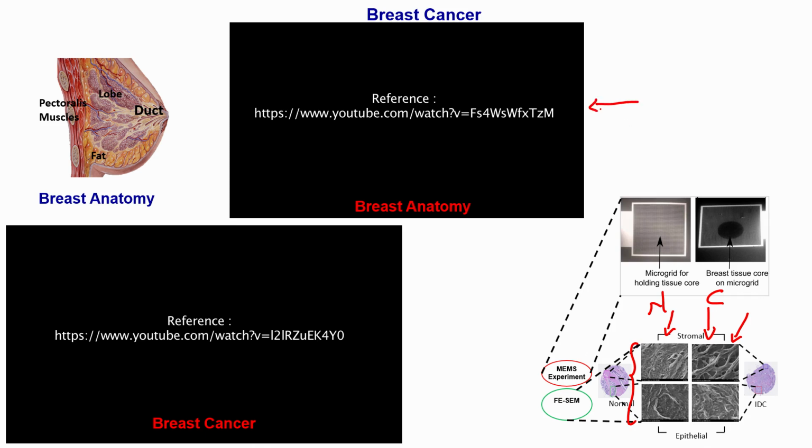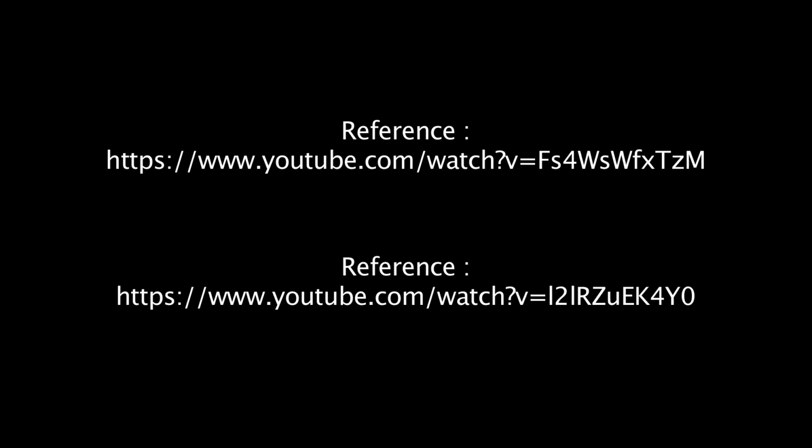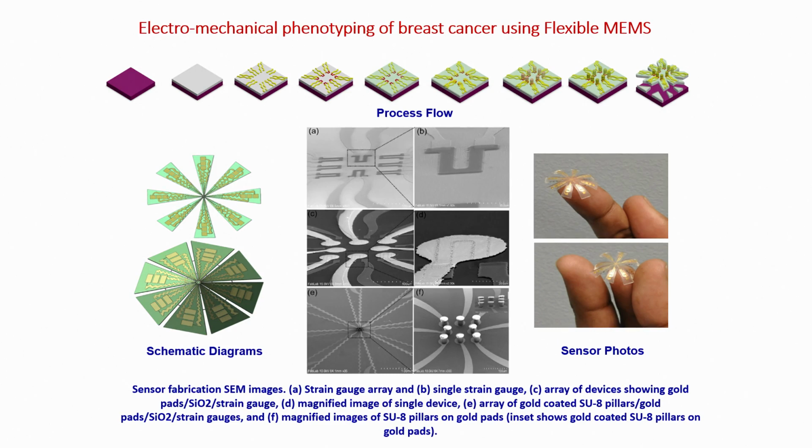So, the video here is about the breast anatomy, while the second video will show you what exactly breast cancer means and what are the stages of breast cancer. So, as we can see from the video, breast cancer has different stages, and at a certain point we can understand whether it is invasive or non-invasive type of cancer, right.